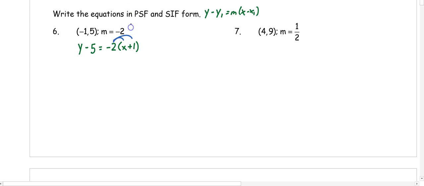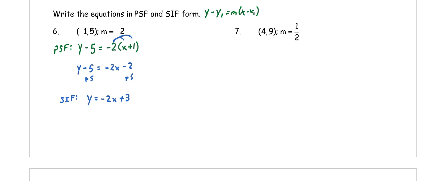I'm going to distribute, so I get y minus 5 equals -2x minus 2. And I'm going to add 5 to both sides, so y equals -2x plus 3. The equation we started with was our point-slope form equation, and the equation we ended with was our slope-intercept form.